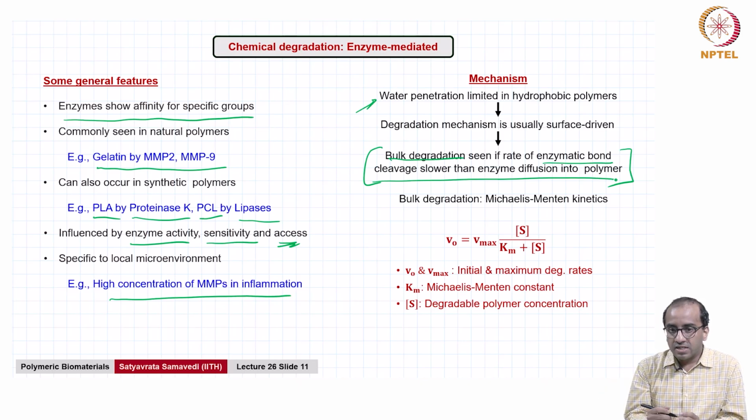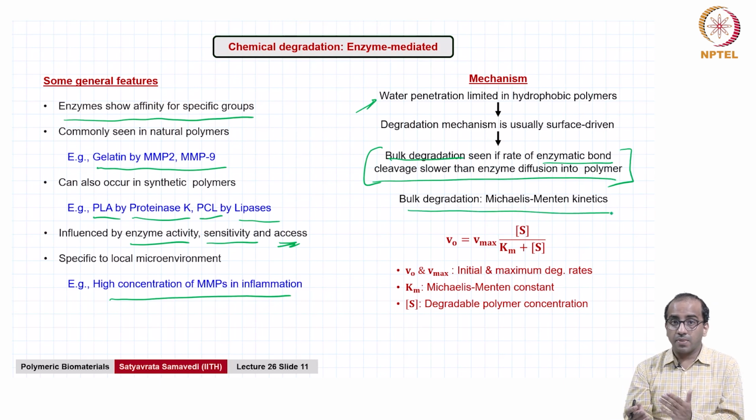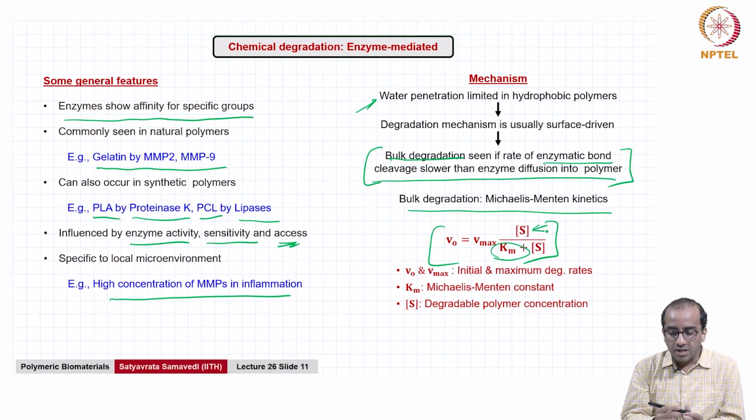And this bulk degradation can be modeled using Michaelis-Menten kinetics, which is a very, very famous standard equation for enzyme kinetics given by this equation, where V0 and Vmax are the initial and maximum degradation rates. This is the constant, and S is simply the degradable polymer concentration.